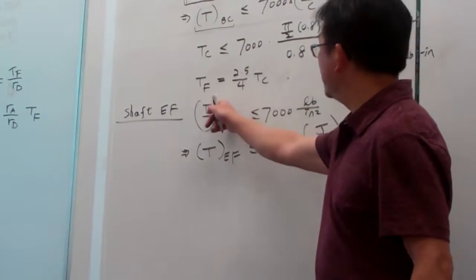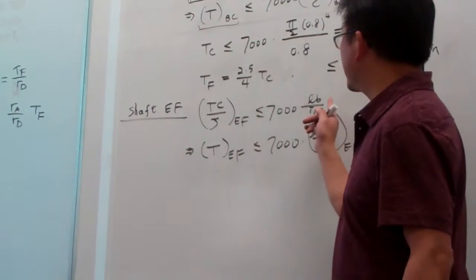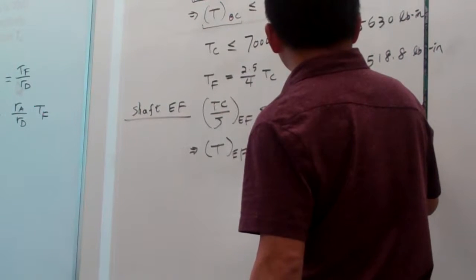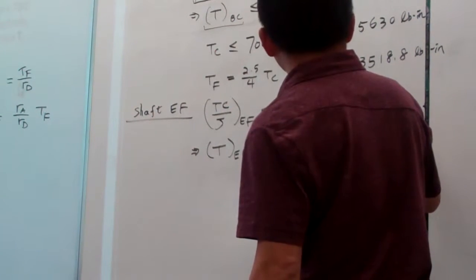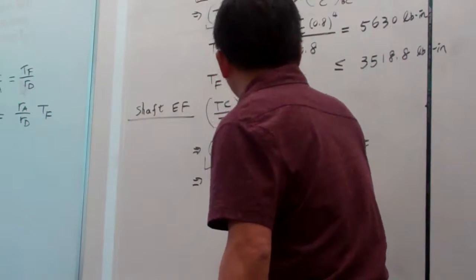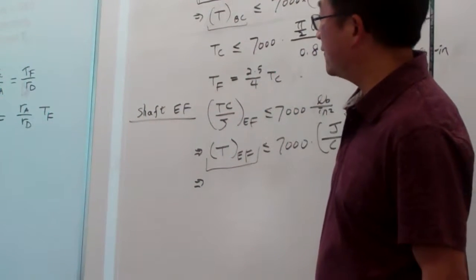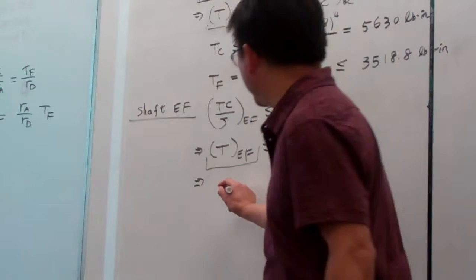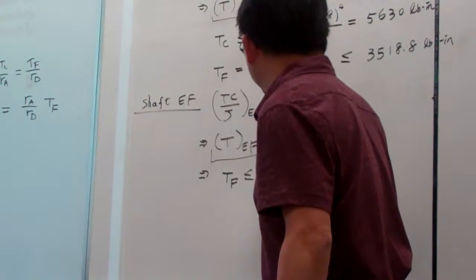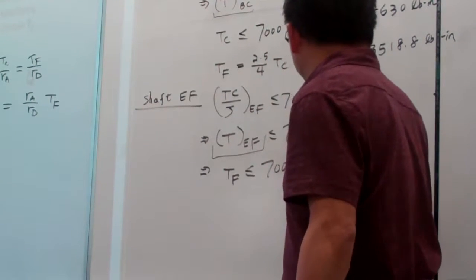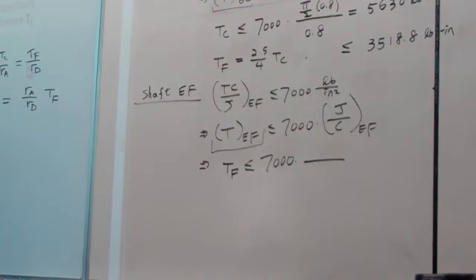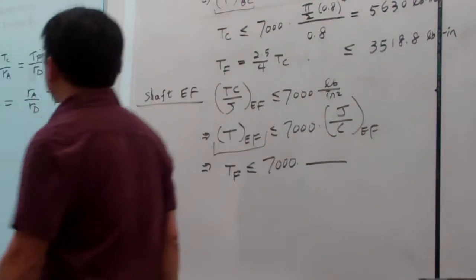I simply move these coefficients to the other side. So here, this is the torque in EF, and that actually per our symbol is TF, right? TF is less than or equal to 7,000 multiplied by J for the shaft EF.